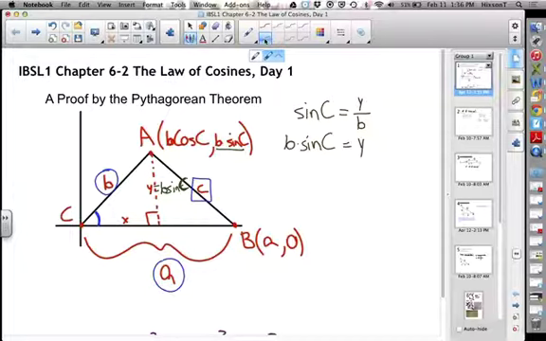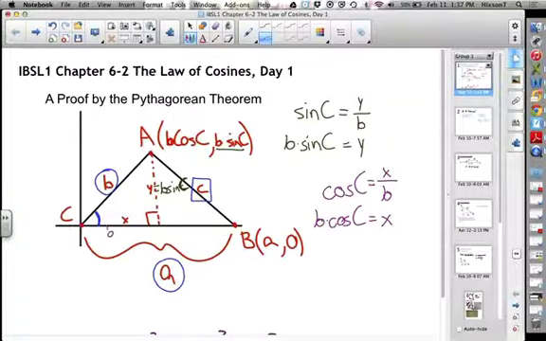Well, x is the side adjacent to angle C. So since I have the adjacent and the hypotenuse, what does x over b equal? The cosine of angle C. So therefore, I multiply both sides by b, and I get b times the cosine of angle C. Okay? So I'll write that in.